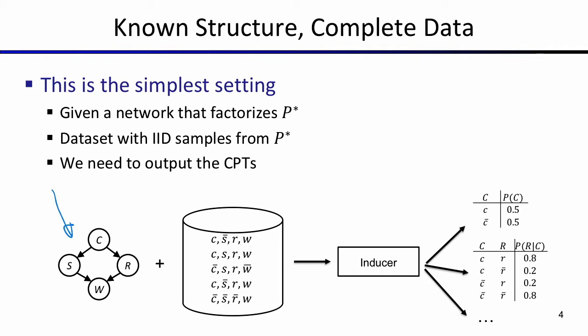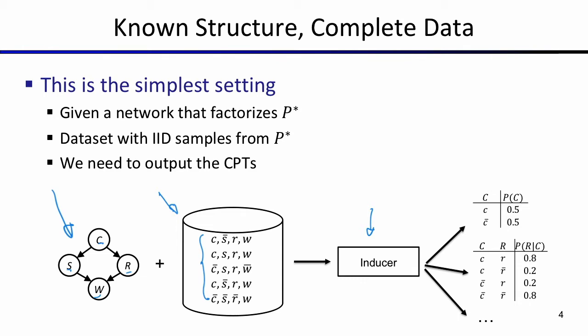And we also have a data set that's represented here with complete cases. So we have instances, right, with the values for all the variables that we have here. So there are all instantiations, and those instantiations mention all the variables, so it's complete data. And we're going to go through a process that we're calling here the inducer, that can be a very simple algorithm.